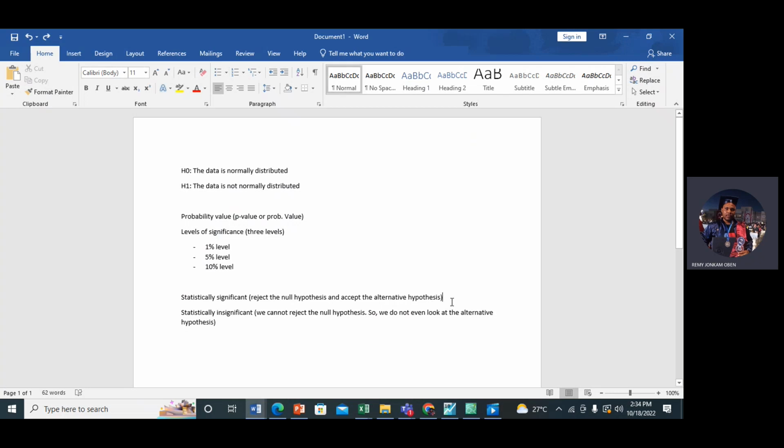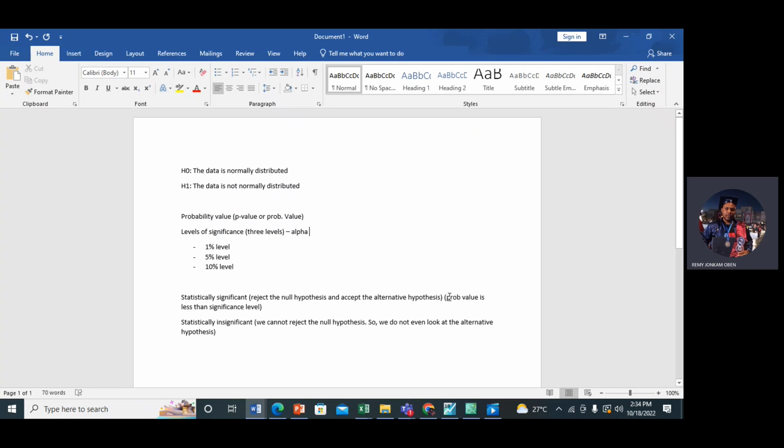In this first case, we are going to reject the null hypothesis if the probability value is less than the significance level. By the way, this significance level, they also call it alpha.